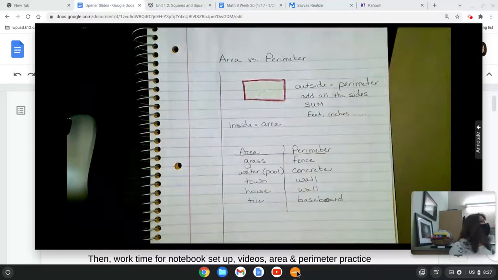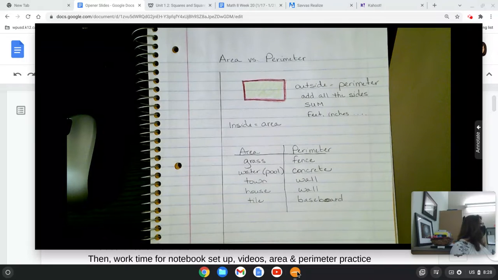What about area? How do we find the area of stuff? Yes, sir. Length times width. Okay, length times width will get me a rectangle. Any other ones you know? That'll get me volume, and we're going to go there. Okay.